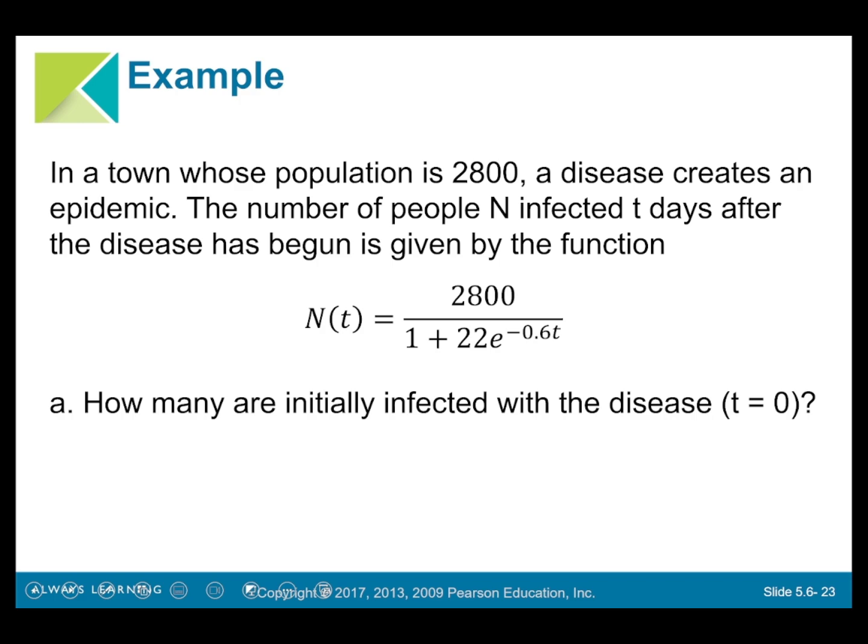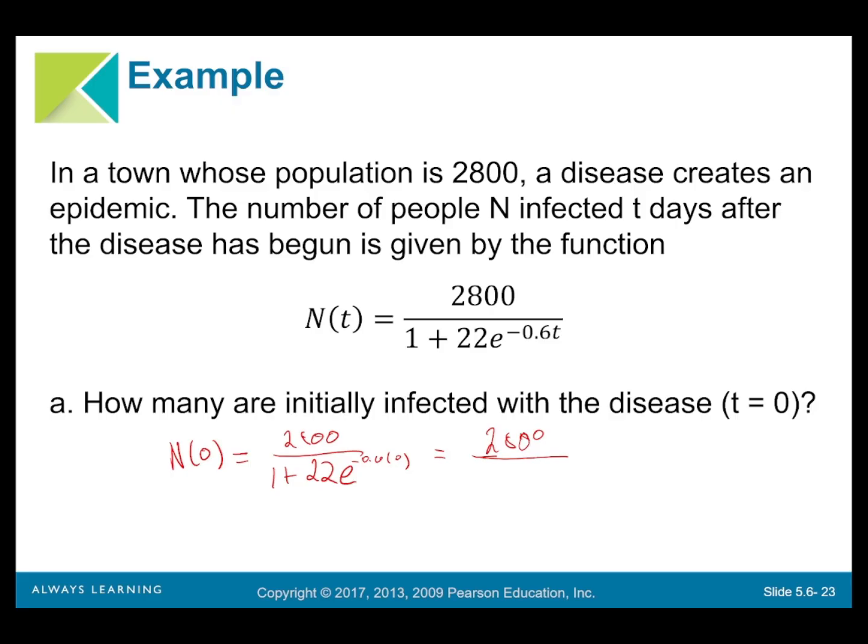All right, so how many are initially infected with the disease at t equals 0? Let's plug in 0 here and see what we get. 2,800 over 1 plus 22 e to the negative 0.6 times 0, which is 2,800 over 1 plus 22, since e to the 0 is 1.